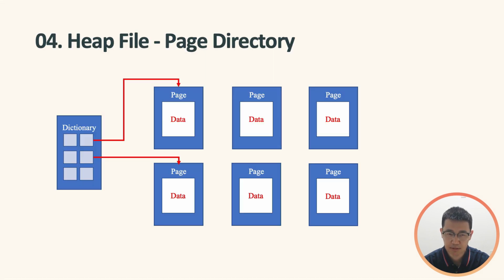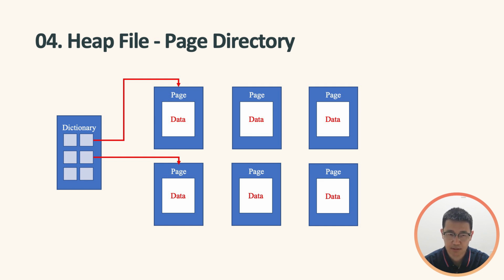Then here comes the page directory for the heap file. I use a dictionary to record the corresponding pages. In the database, I maintain a special page, which is this dictionary. This special page stores the location of each data page.